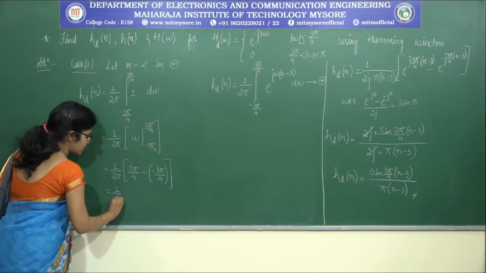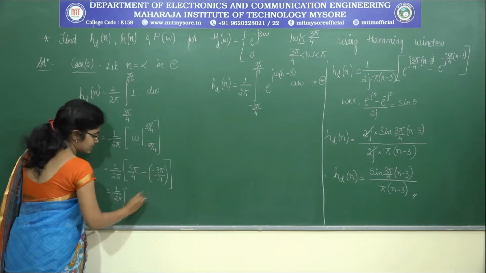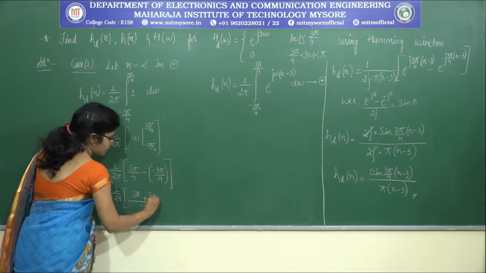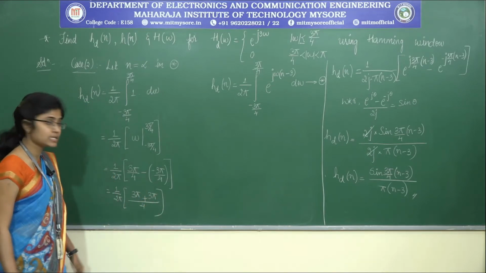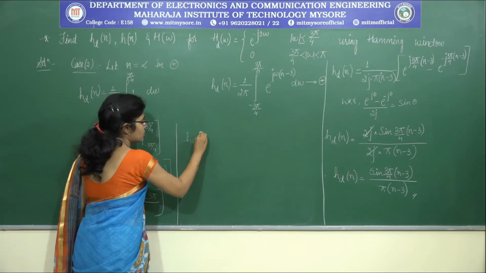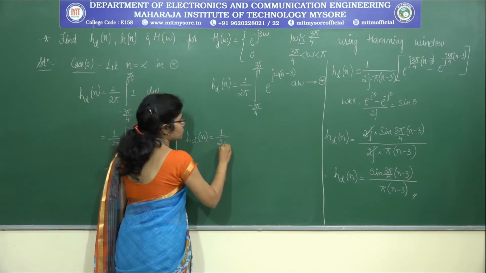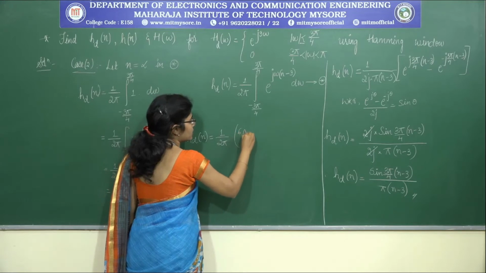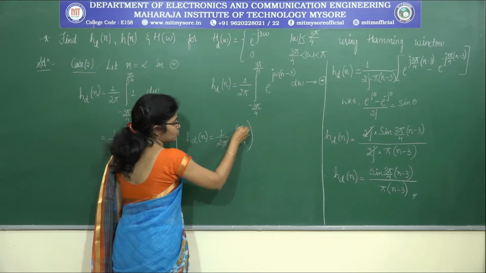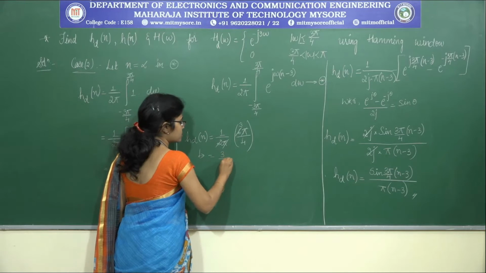So the LCM will be 4. So this is 3 pi plus 3 pi, which is 6 pi. So if I continue the simplification, hd of n will be equal to 1 divided by 2 pi into 6 pi by 4. Now if I simplify this, I can cancel pi with pi, 2 with 6. So therefore, hd of n is 3 by 4.